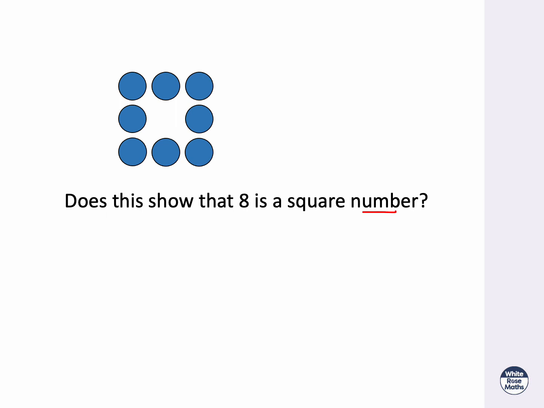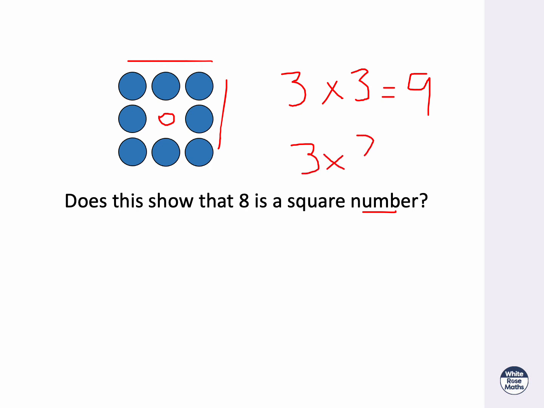Well, no, because it's missing a circle here. So although it is 3 by 3, if you count the number of squares in total, I should have 9 and not 8, because 3 times 3 makes the number 9, and not 8. So a little point to make, guys: 3 times 3 does not equal 8.